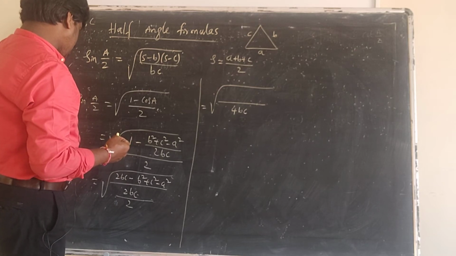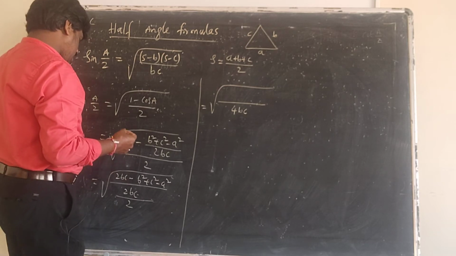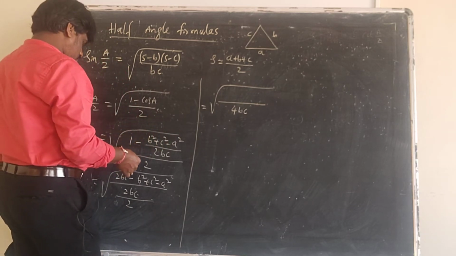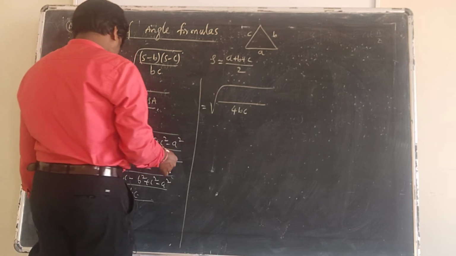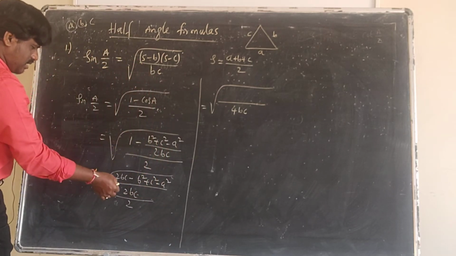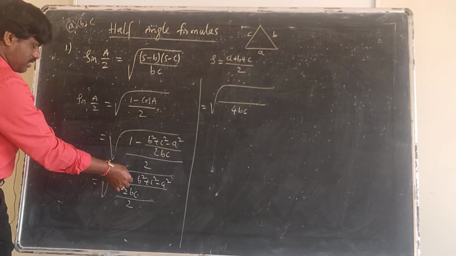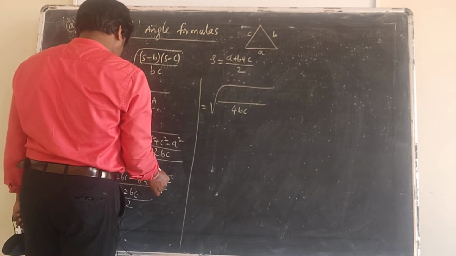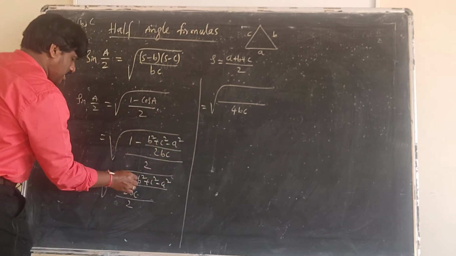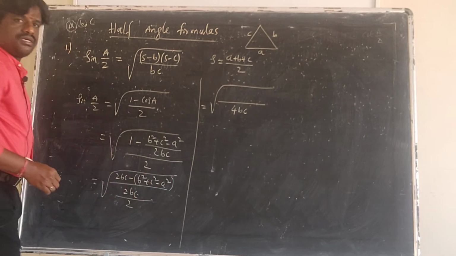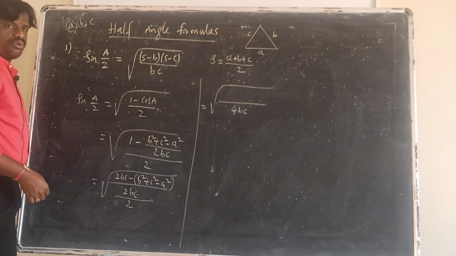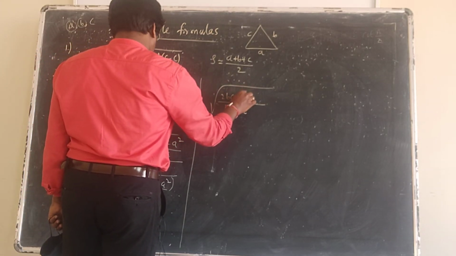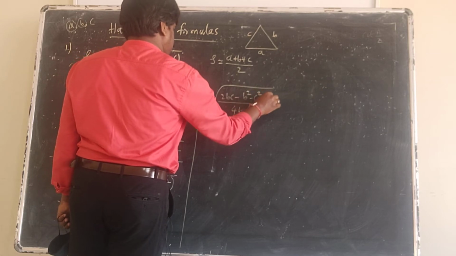On the top, what can I get here? If I take 2BC as the LCM, this is the A plus B whole square formula shape. This is under bracket, right? This is minus, and the minus applies to the whole bracket. So I get 2BC minus B square minus C square plus A square.